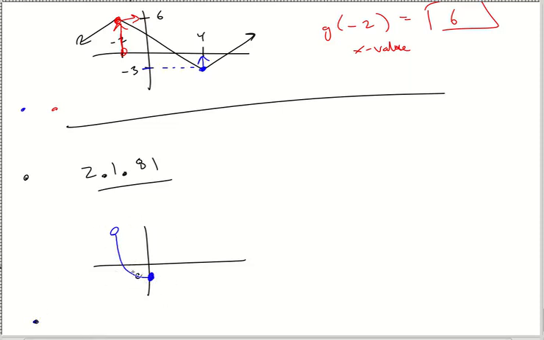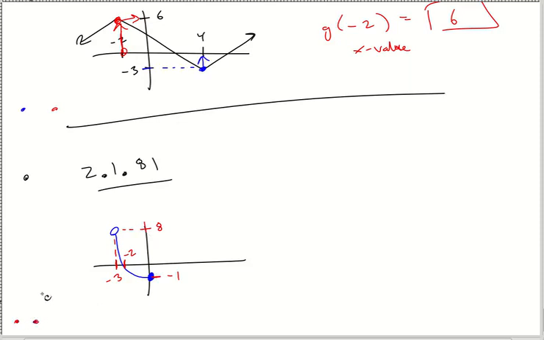I'm going to try my hardest, though. Let me label these. So this right here is at -3. It's crossing right here at -2. And this is right here, a y value of -1. And this up here is supposed to be a y value of 8. Okay, so now you can kind of see where I'm going there a little bit.